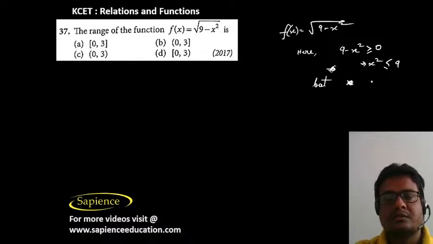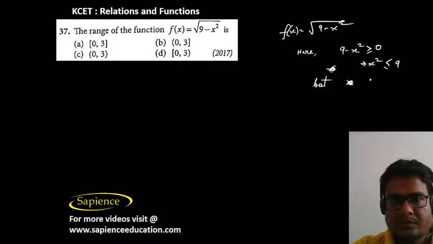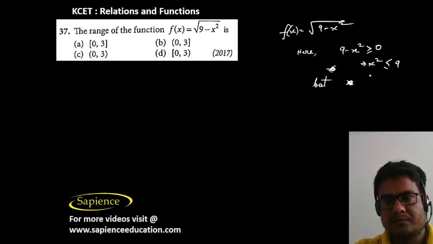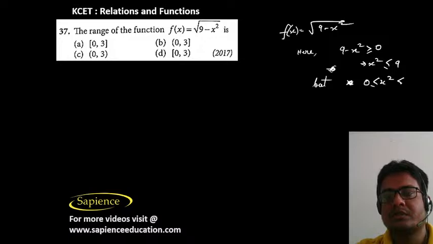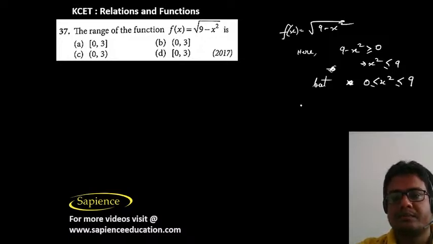Now x square will always be greater than or equal to 0. So x square is greater than or equal to 0 and less than or equal to 9.